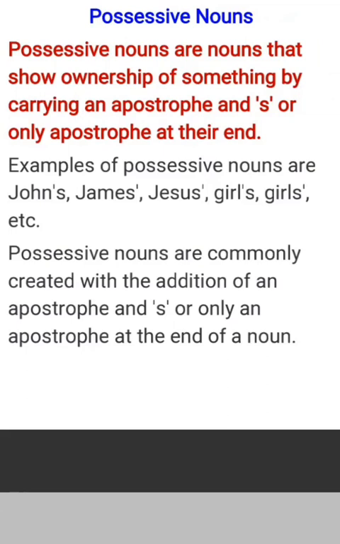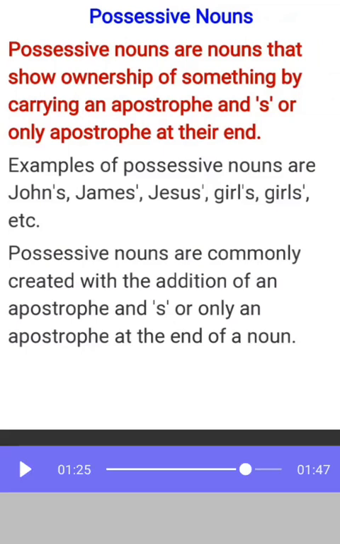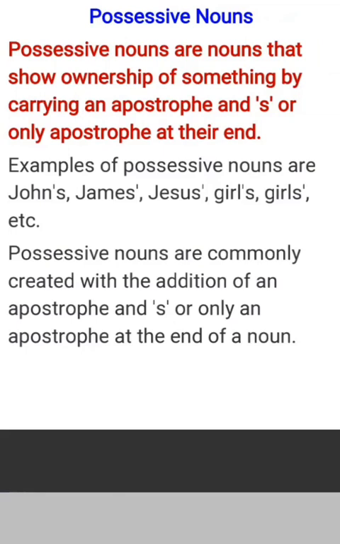Examples of possessive nouns are John's, you can see apostrophe s at the end. Then James', you can see only apostrophe at the end. Jesus', you can see only apostrophe at the end. Girl's, you can see apostrophe s at the end. Girls', as in plural girls, now you can see only apostrophe, and so many others.